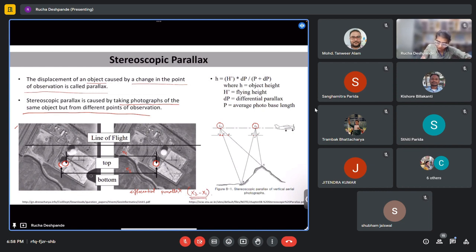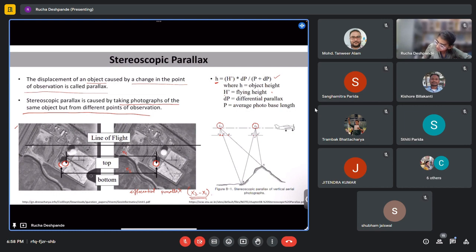And then this concept of stereoscopic parallax can also be used to find the height of these objects. So this is the formula to find the object height using stereoscopic parallax. So here h is the object height, but we need the information about the flying height beforehand itself.